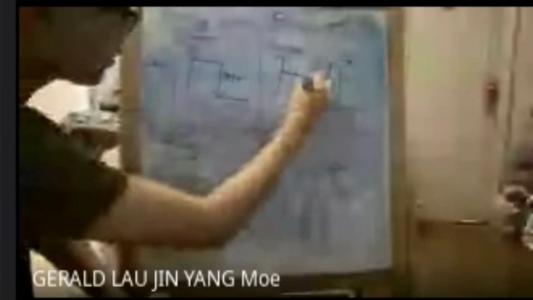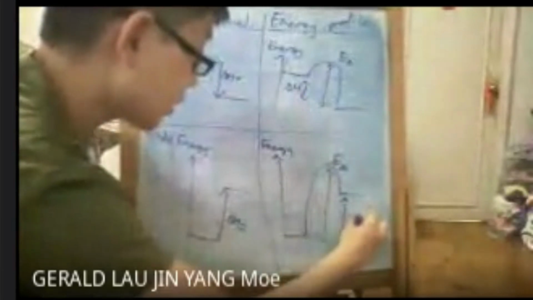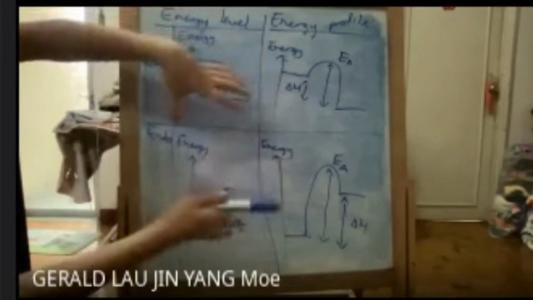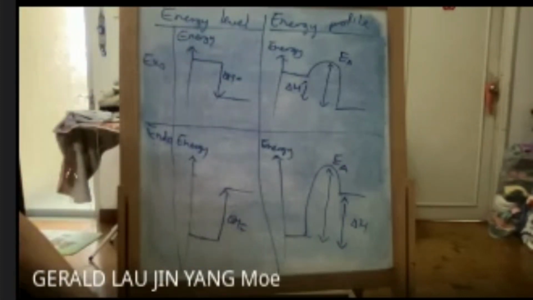Between reactant and product here is delta H. I remember the trial had one question asking about this delta H. They give you these two and then ask you to compare something like that in Paper 1, the objective question. Can you understand what I'm trying to say here? Never mind, you get back the paper, then you look back.